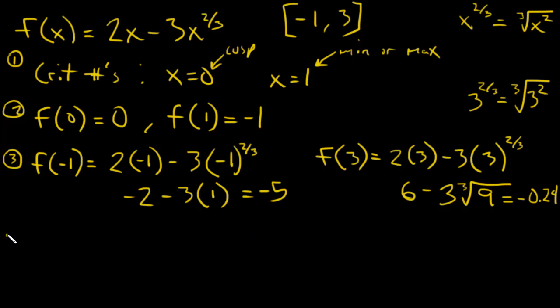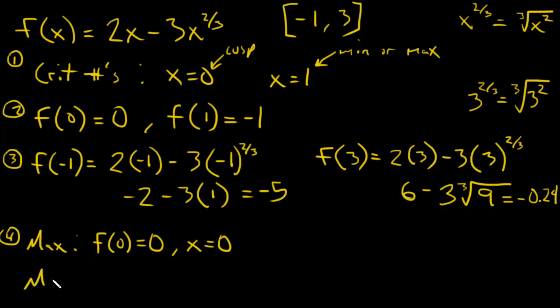Alrighty? Step 4. The maximum. Well, the maximum is just the largest one of these values. Which is the largest? 0, negative 1, negative 5, negative 0.24. Well, 0 is the largest one of those numbers, so since f at 0 equals 0, that value right there is the largest of the values. So the maximum is located at x equals 0.